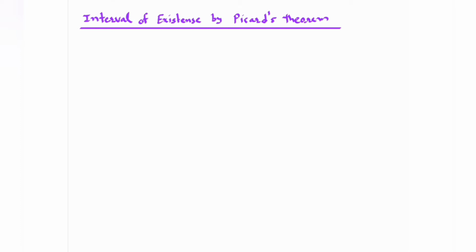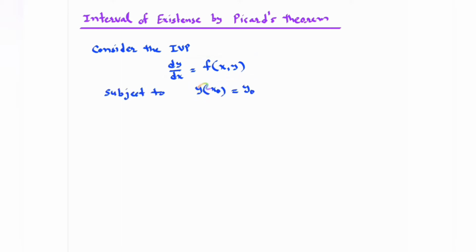So first we will briefly explore the interval of existence, meaning how to calculate the interval of existence for a given initial value problem. So we consider the initial value problem dy/dx = f(x,y) subject to the condition y(x0) = y0.